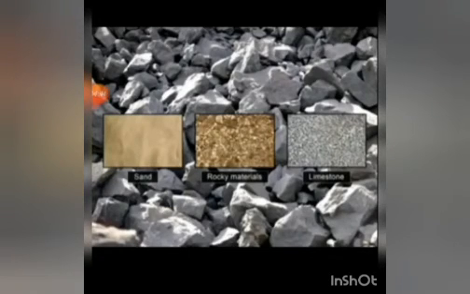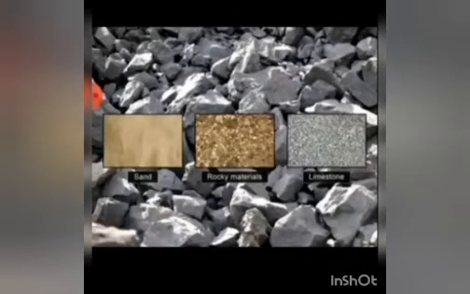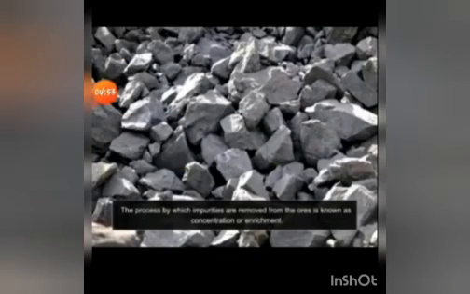When iron is extracted from the earth's crust, it contains impurities like sand, rocky materials and limestone. All these impurities are known as gangue. The impurities must be removed before the extraction of the element. The process by which impurities are removed from ores is known as concentration.